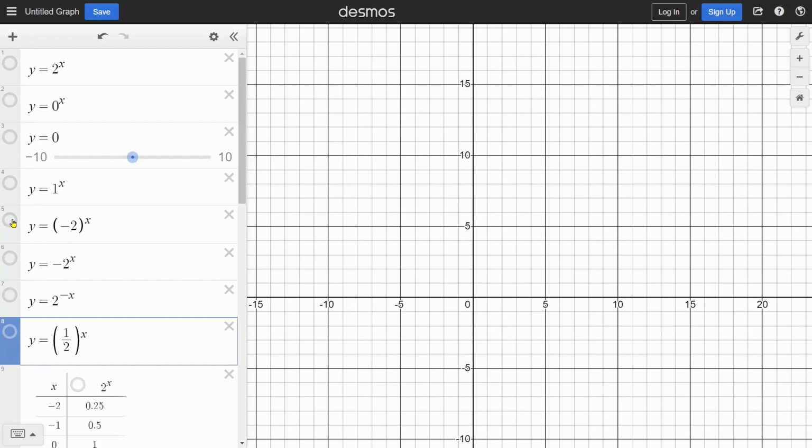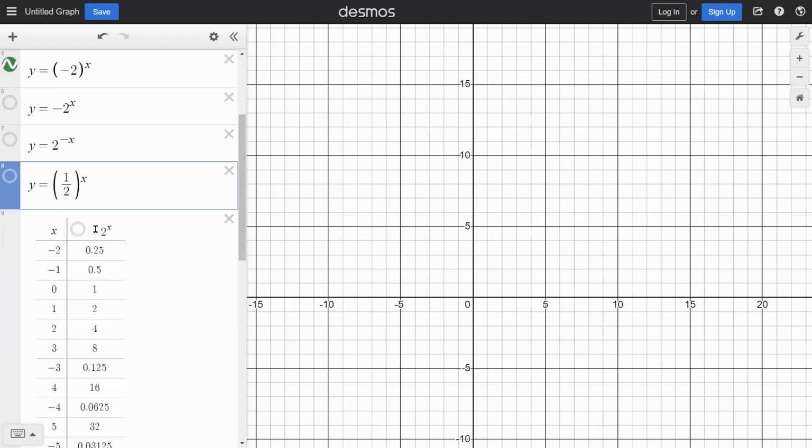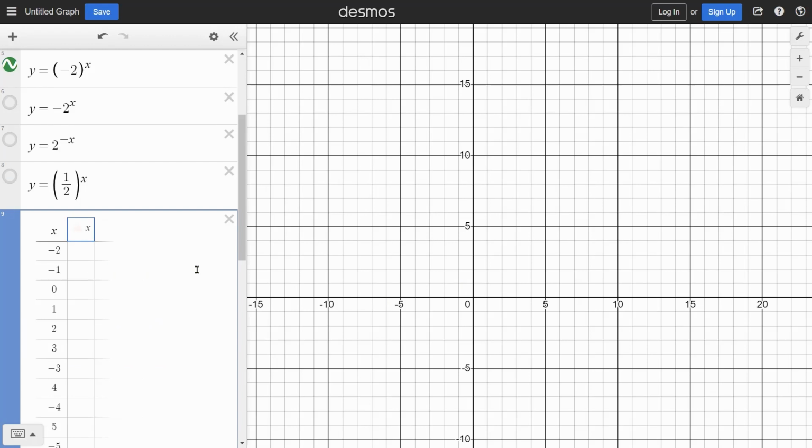When I take a -2 and raise it to the power x and I have this on Desmos, you see it didn't graph anything. The reason it didn't graph anything is because I cannot have a base be negative. I'm going to come down here to this table and adjust this so that this is going to be the quantity -2, close my parenthesis, raised to the power x, and let me get those points.